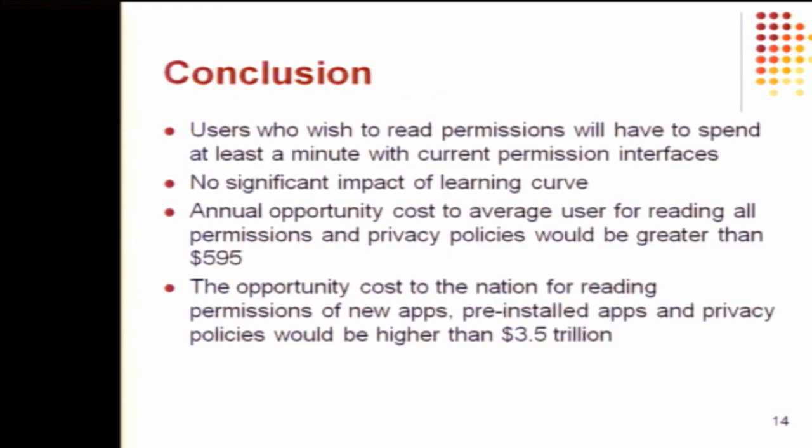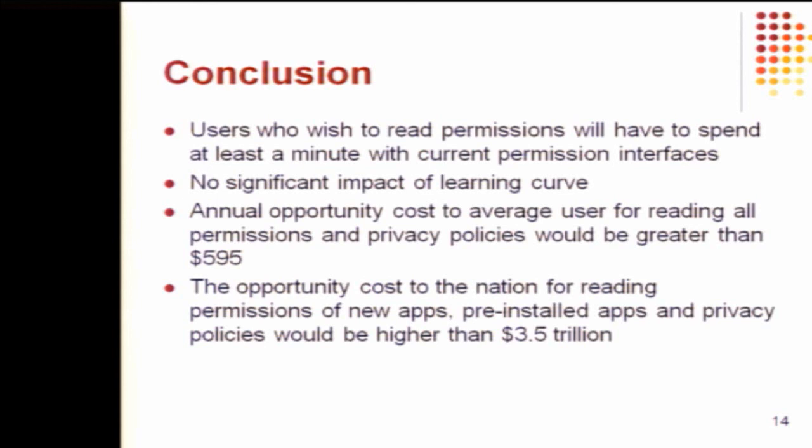Conclusion. A user who wishes to read not just brief permissions but also the detailed permissions has to spend at least a minute with the current permission interfaces by Android. From the lab study, we got that there's no significant impact of the learning curve on the time spent on the permission interfaces and the opportunity cost as well.